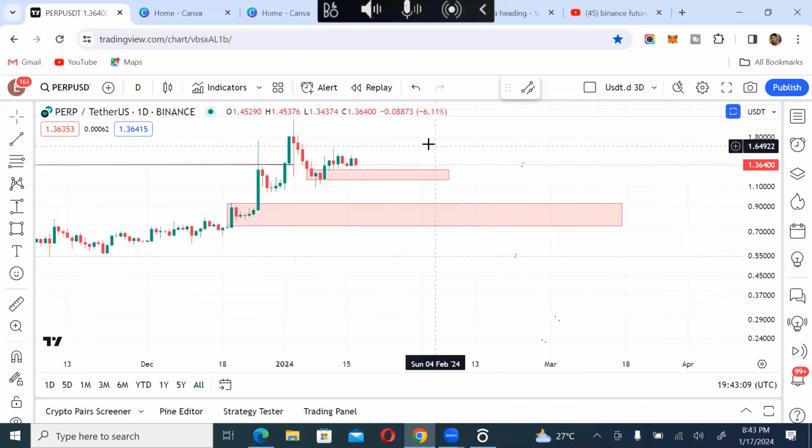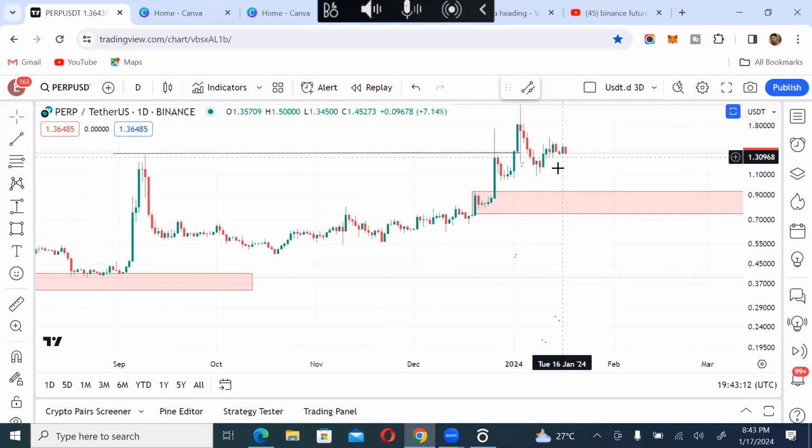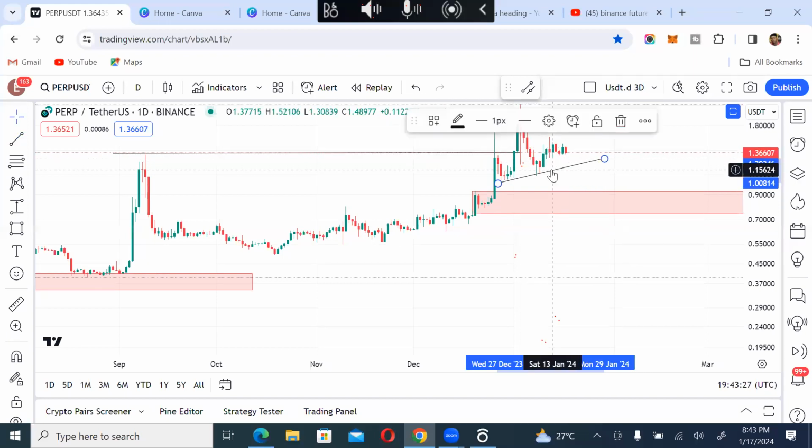Basically this is how it works. Our order block is going to be somewhere around this point. Everything you are seeing here is called what? Inducement.